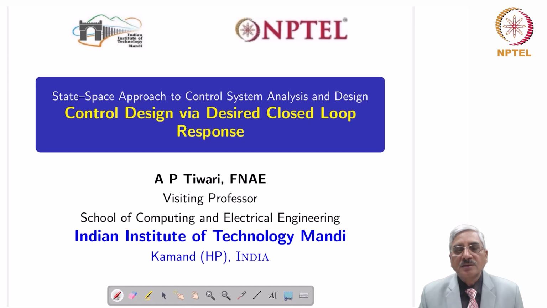Now in the last two lectures we have learnt what is the concept of feedback, state feedback and output feedback. We saw that state feedback results into a configuration in terms of classical control theory as a feedback path compensator, feedback compensator.